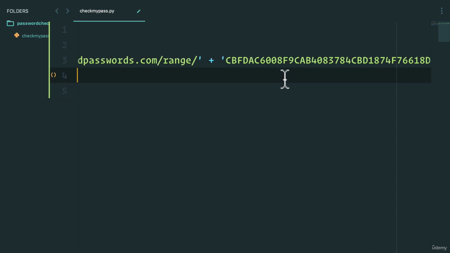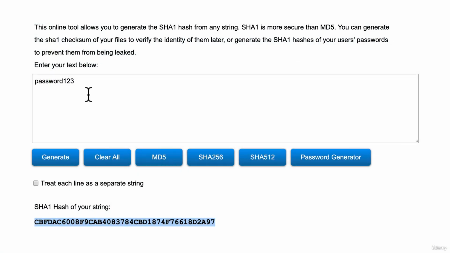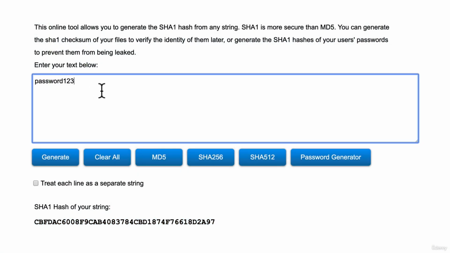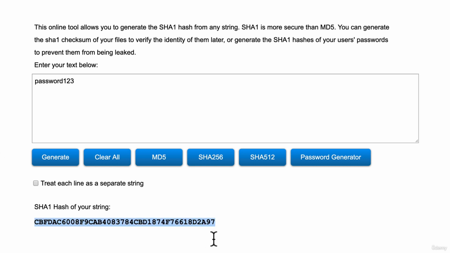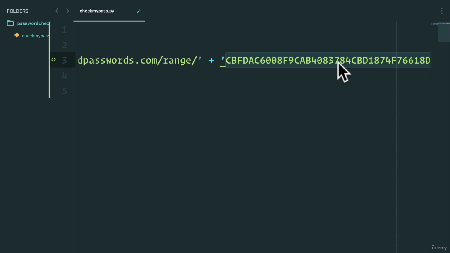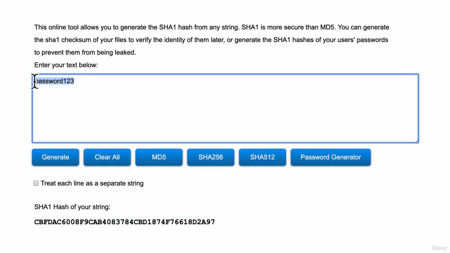But here's the problem. This is still not super secure, because anybody can come and keep guessing, and eventually hit on password123 and see, oh, this hash is the exact same one as this hash. So they will know that this is our password.